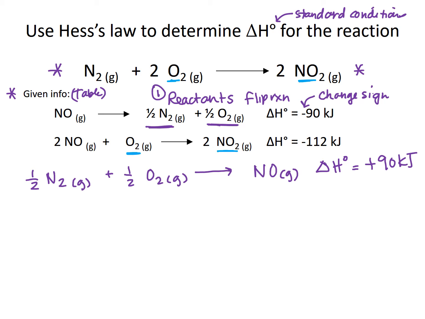So I'm going to write it down here as 2 NO gas plus O2 gas goes to 2 NO2 gas. And because I left that reaction the same, I'm going to take this delta H value and keep it exactly the same.